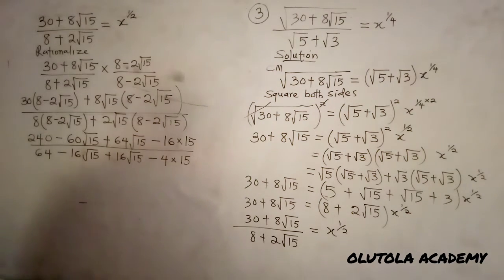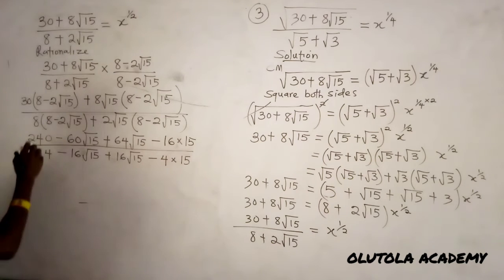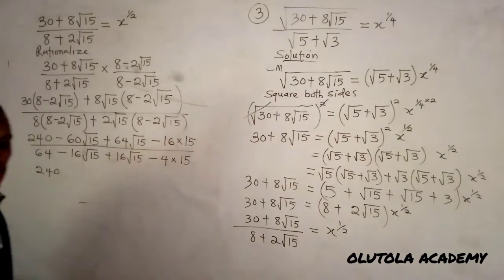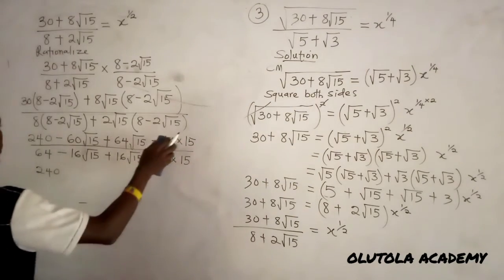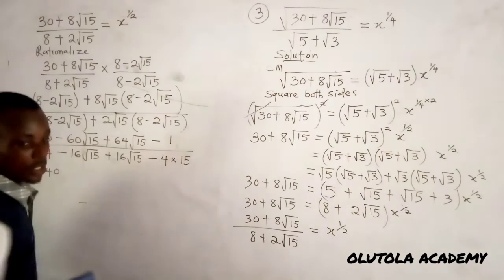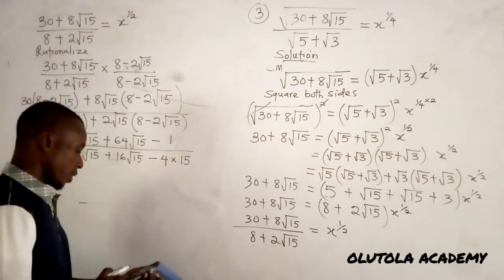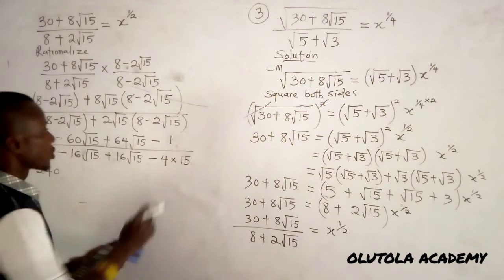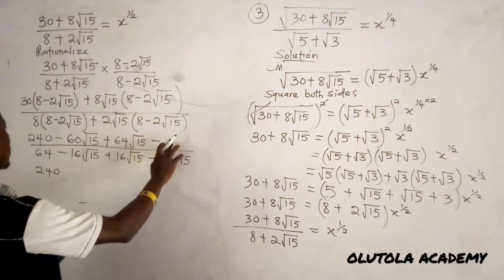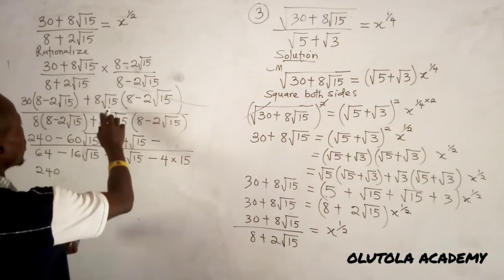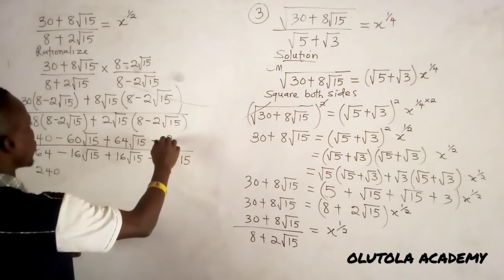So we're almost there. Let me confirm 16 times 15. 8 times 2 is 16. 16 times 15, that's 240.